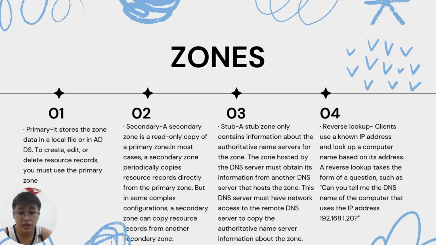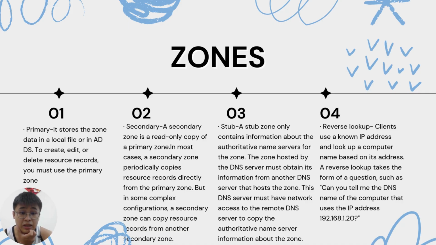In most cases, a secondary zone periodically copies resource records directly from the primary zone, but in some complex configurations, a secondary zone can copy resource records from another secondary zone.